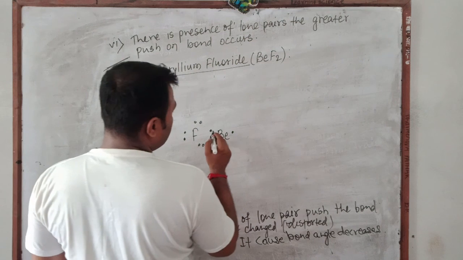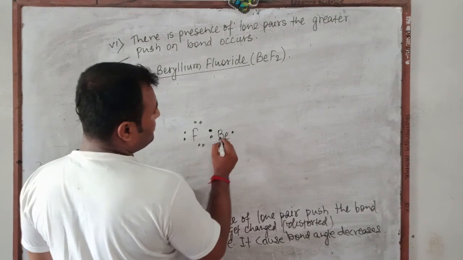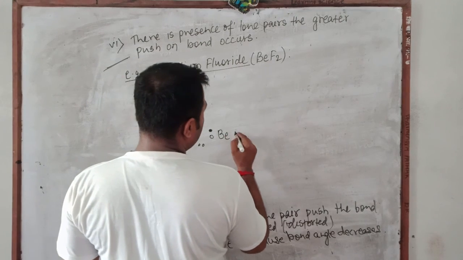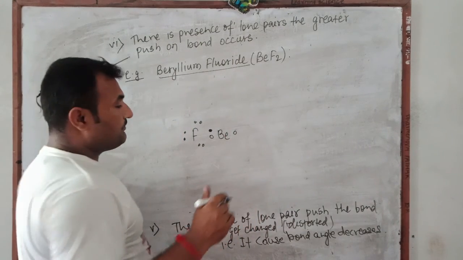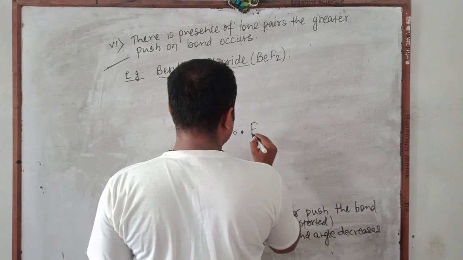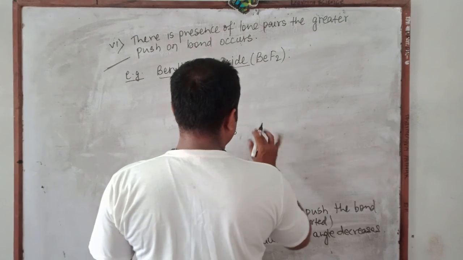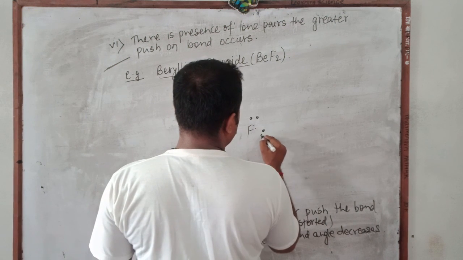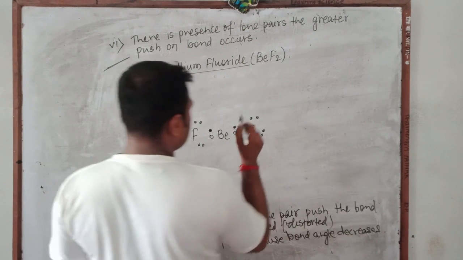That represents fluorine electrons, here beryllium valence electrons, again fluorine. Two, 4, 6, 1, 7.